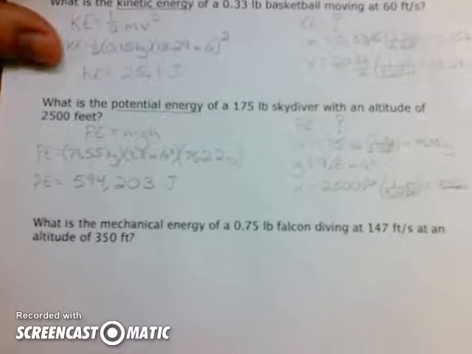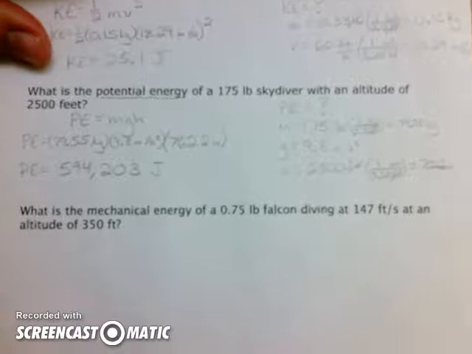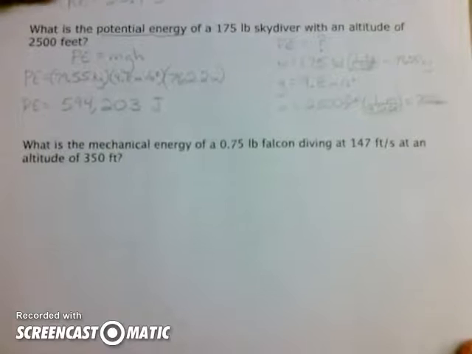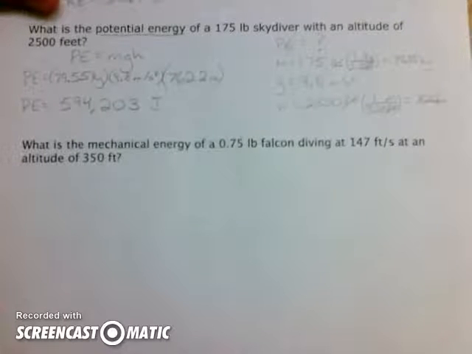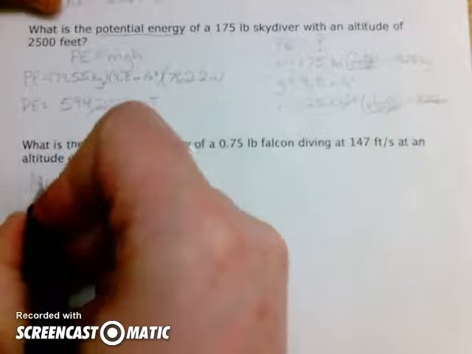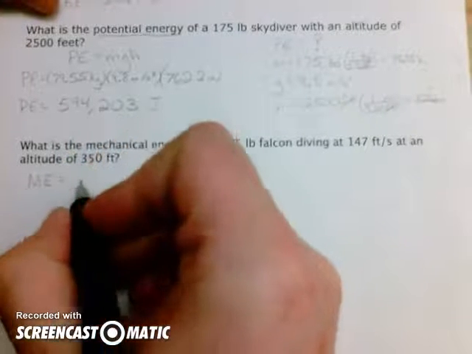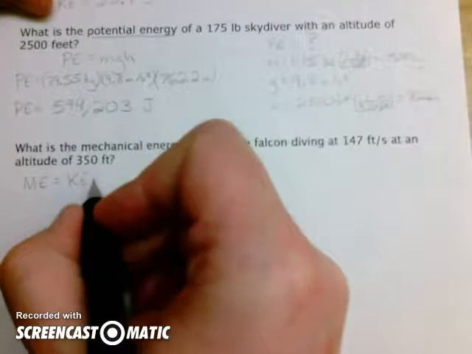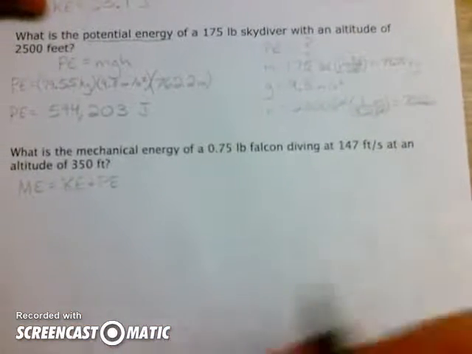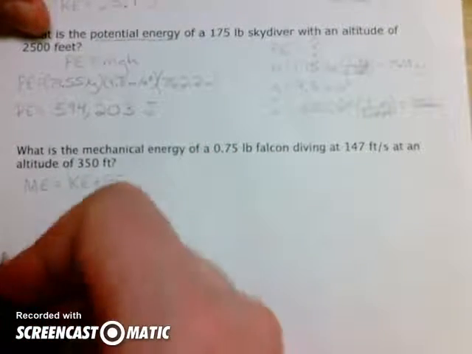Okay, finally, what is the mechanical energy of a 0.75 pound falcon diving at 147 feet per second at an altitude of 350 feet? Well, ME we know is equal to KE plus PE. Then we need to break that equation down. We're trying to find mechanical energy.